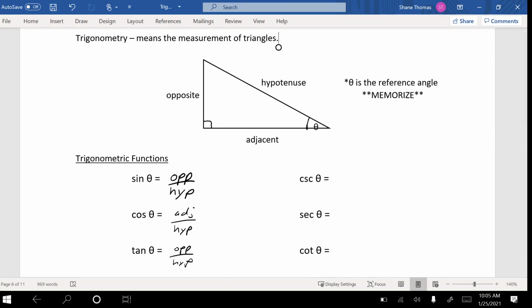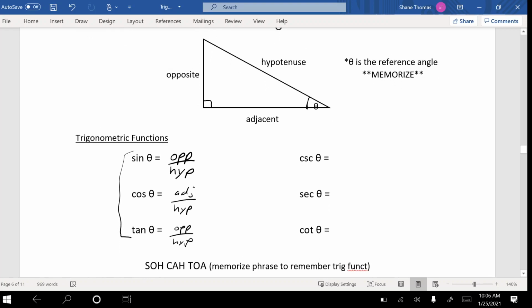This part right here, the triangle above with the adjacent, opposite, hypotenuse, if I say I need you to draw the reference triangle, you need to be able to write that down. And the basic trig functions, sine, cosine, and tangent, this is our standard. I need you to remember sine, opposite over hypotenuse; cosine, adjacent over hypotenuse; tangent, opposite over adjacent.